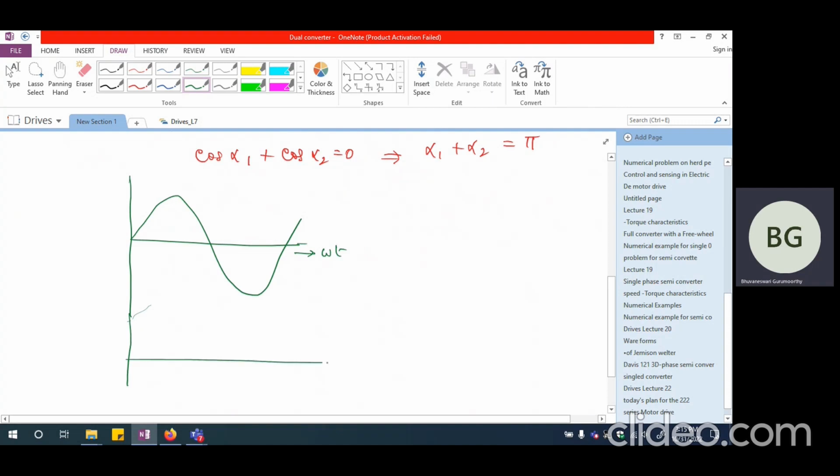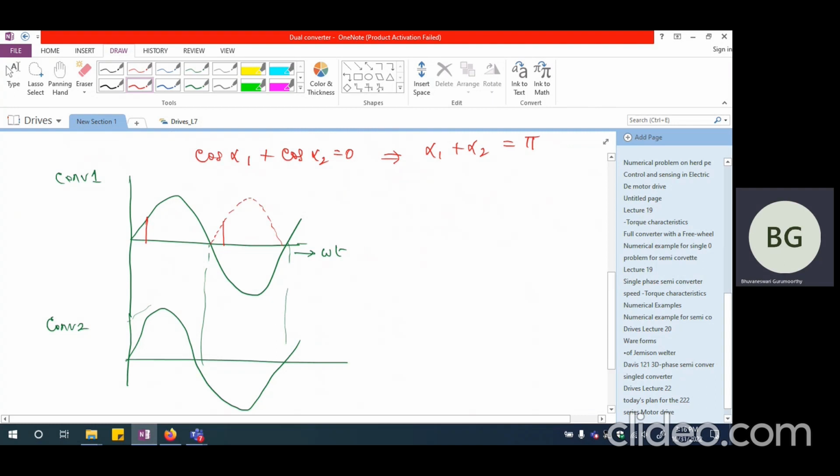And similarly, I have to draw one more sinusoid so that I can draw the waveform for converter 1 and converter 2. So this I'm going to draw for converter 1 and I'm going to draw for converter 2 here. So if alpha equal to 30, this is going to be 30 degrees. And I should draw it as though this is inverted like this. And this is going to be pi plus 30 degrees.